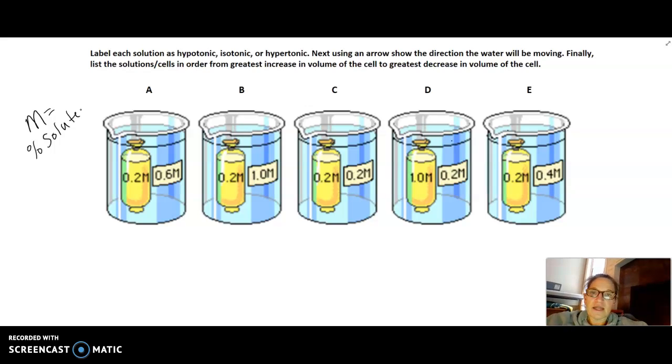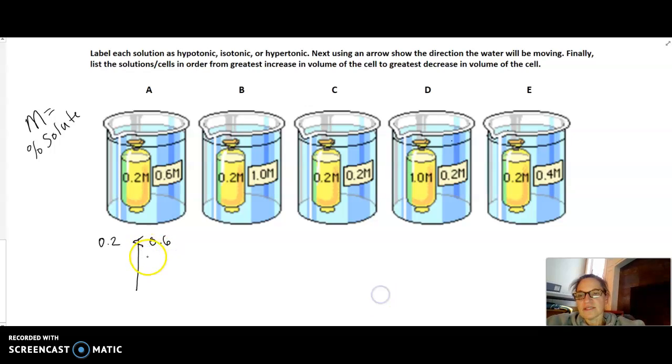And so the first thing that it asks you to do is to label each solution as hypotonic, isotonic, or hypertonic. And how you figure that out is you simply look at, is there more solute, hyper, or is there less solute, hypo, or is it equal solute? And so it really is just comparing numbers. And so you can see that in A, we have 0.2 is less than 0.6.